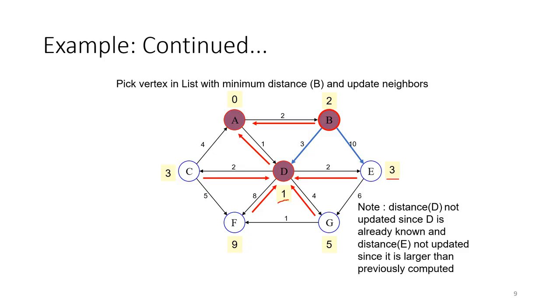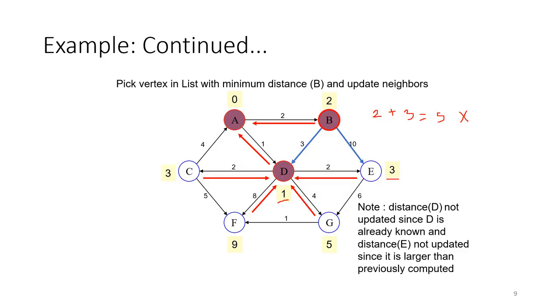After knowing B, we have one more possibility to reach D. We can go from A to B and B to D. But the problem with that is that A to B takes me 2 units and B to D takes me 3 units, which makes the distance 5. Now certainly 1 is much better than 5, so I am going to ignore this path and the distance is not going to get updated.